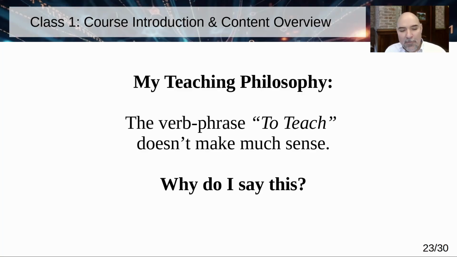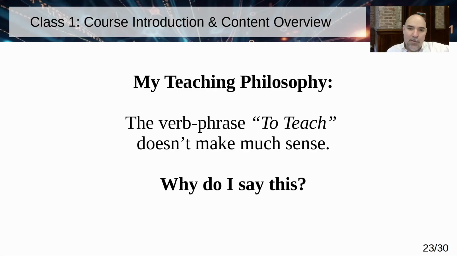Now, the reason why I think the verb phrase to teach doesn't make a lot of sense is most verb phrases like that, like to drop, to hit, to push, those are all action phrases where the thing you're taking the action upon doesn't have a choice in it. So, for example, I have this rubber coaster thing that I've been playing with. If I say to drop, as soon as I do that, it just happened. It had no choice in that.